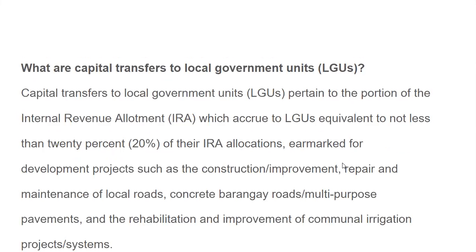Now, what are capital transfers to local government units? Capital transfer to local government units pertains to the portion of the internal revenue allotment which is actually a share of the local government units.